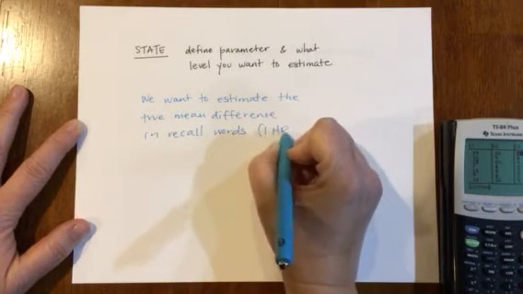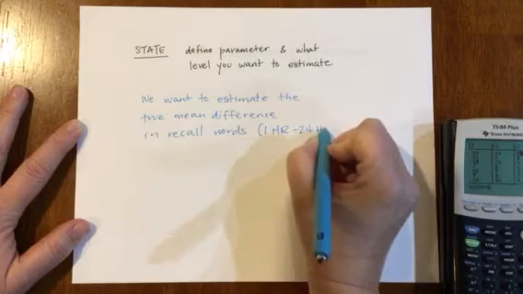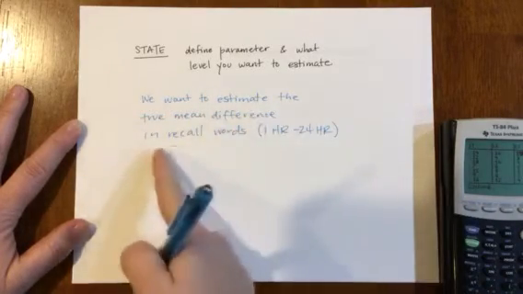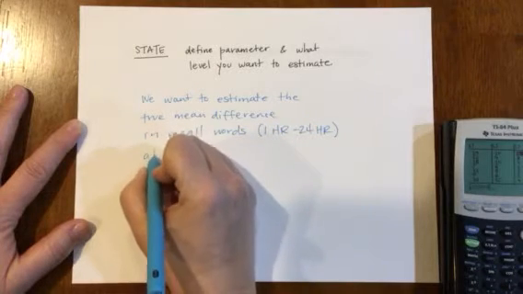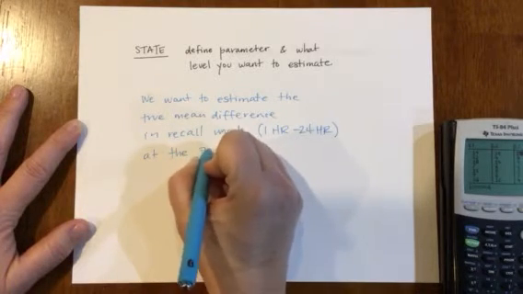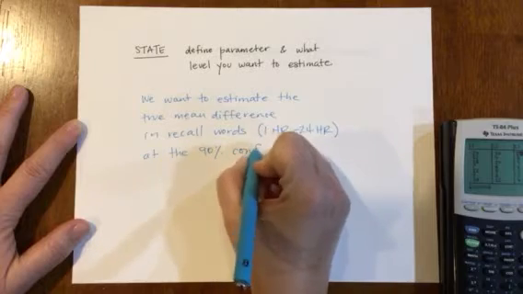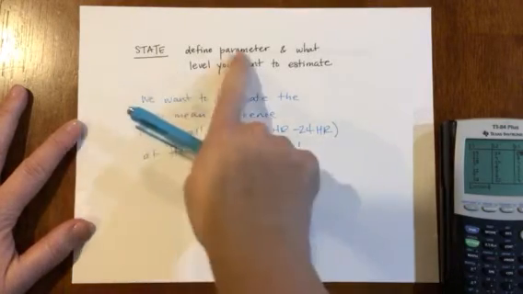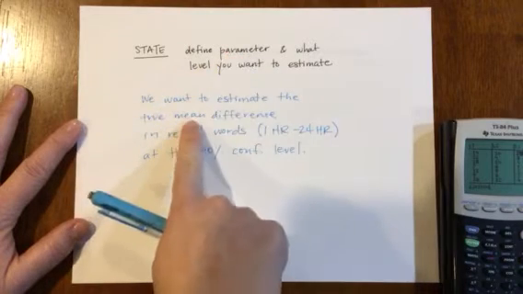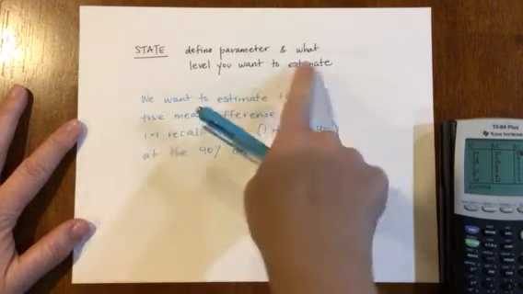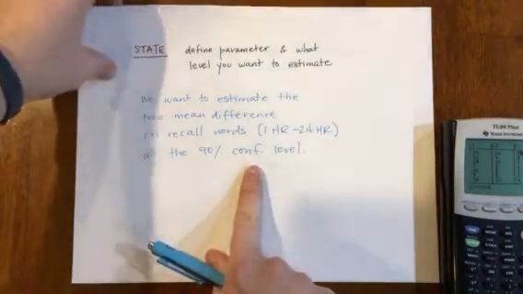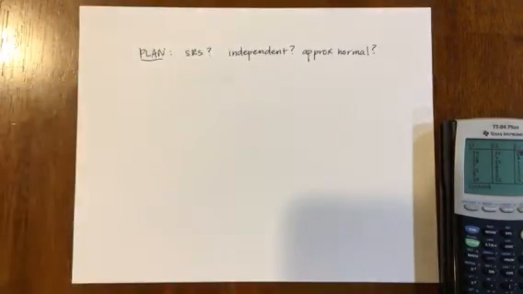So we want to say 1 hour minus 24 hours. And then you also want to say the level. So we want to estimate the true mean difference in recall words at the 90% confidence level. So in the beginning, you want to define what are you talking about, and we're talking about the true mean difference in recall words, and at what level you want to estimate at, and we want to do it at the 90%.